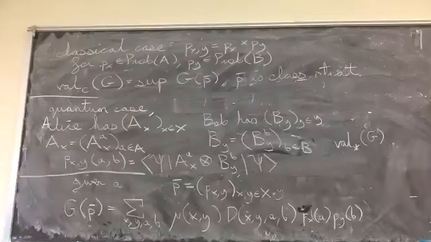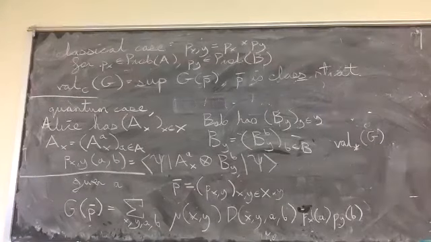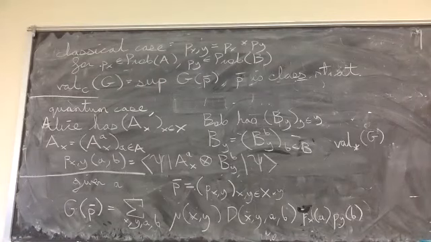Oh, yes, I see what you're saying. Yes, you're correct. This value is the same regardless of whether you allow yourself to use infinite dimensional spaces, but there is some difference in what numbers you can actually get. It's just that they all work out to the same value for the game.